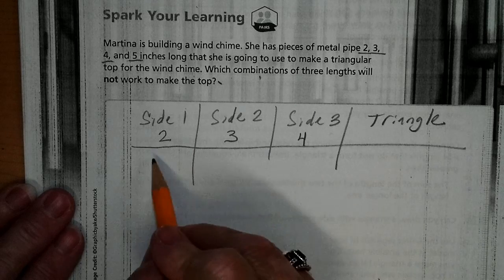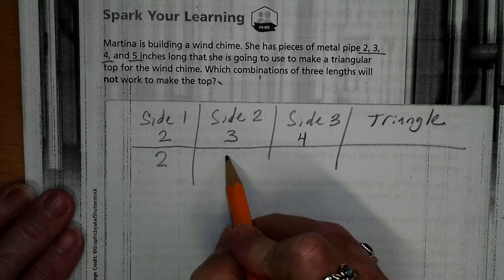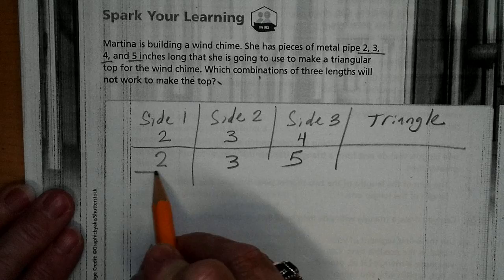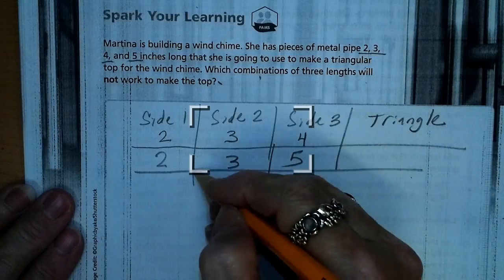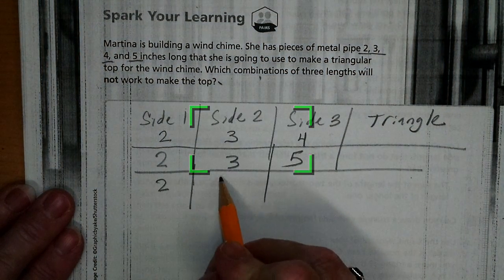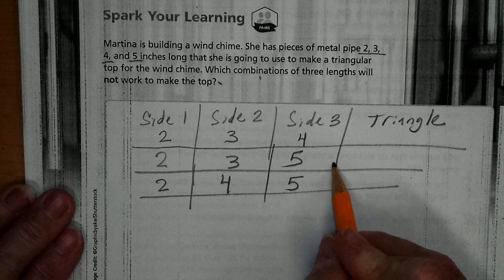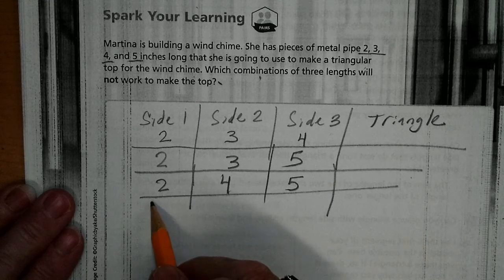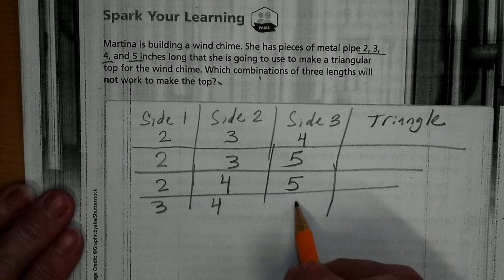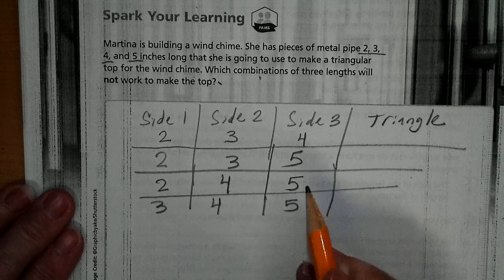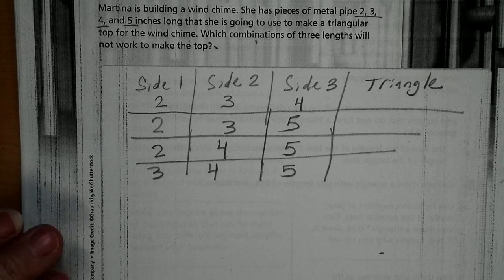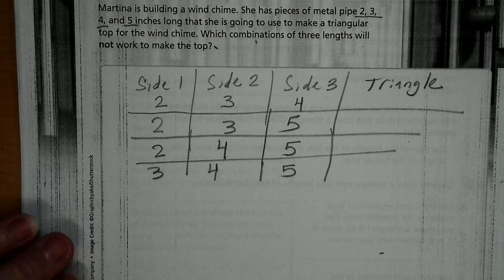Then I'm going to do a 2 by 3 by 5, and then a 2 by 4 by 5, and then the last one will be a 3 by 4 by 5. Okay, so those are the only ones that we can make given those side lengths.